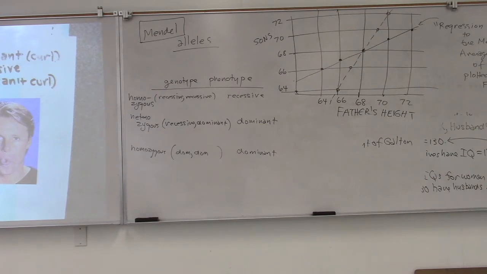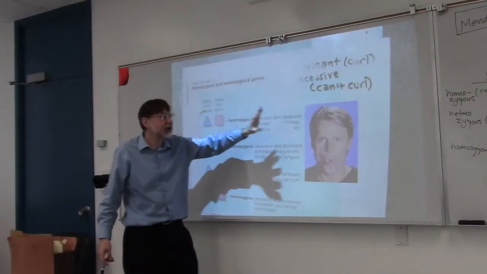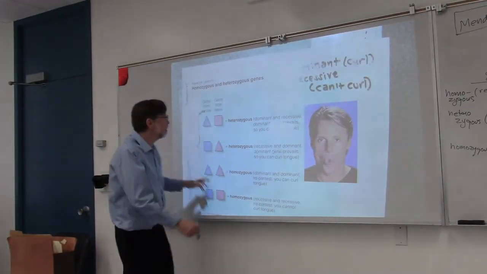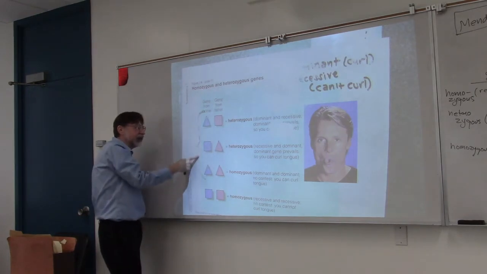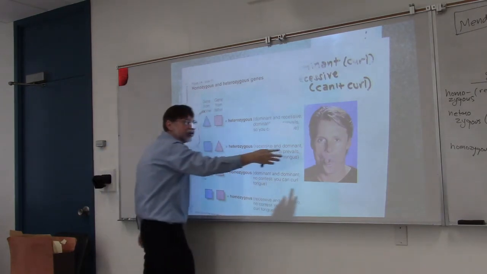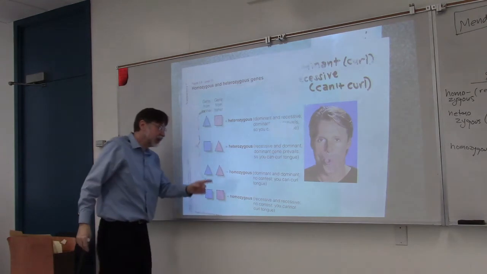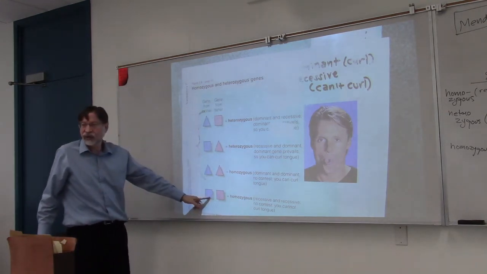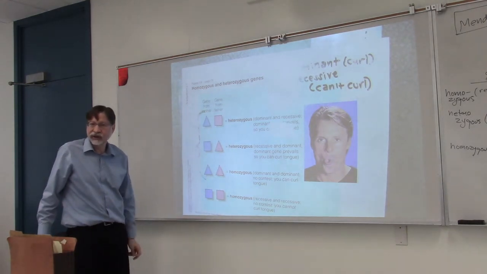Or if you're homozygous dominant, so that means the mother, blue, and the father, pink, of dominant, any of these three cases, you can curl your tongue. And so I'm drawing this little bracket around it to show that these are the three cases where the guy can curl his tongue. But only in the case where it's homozygous recessive can you not curl your tongue.